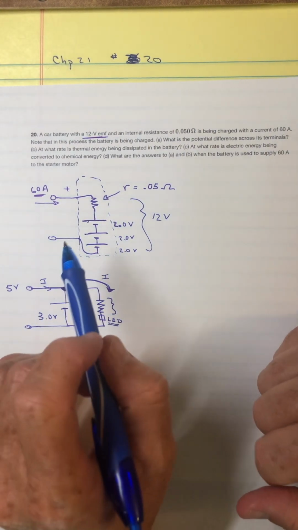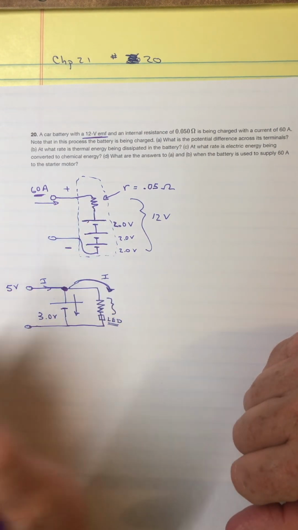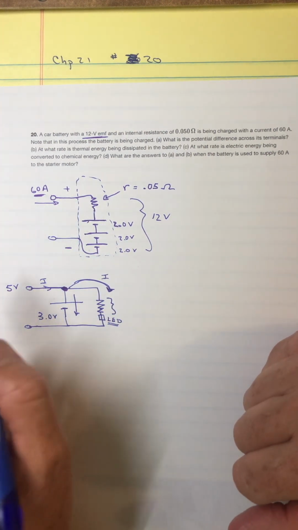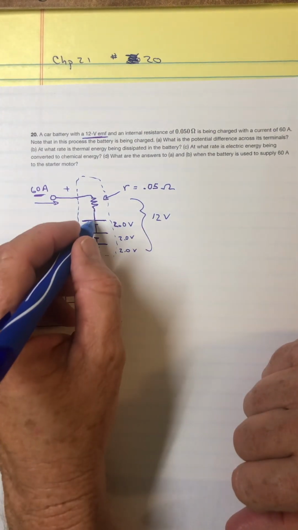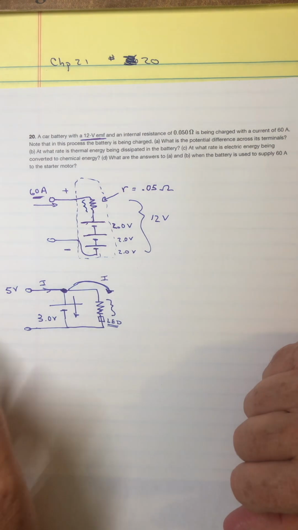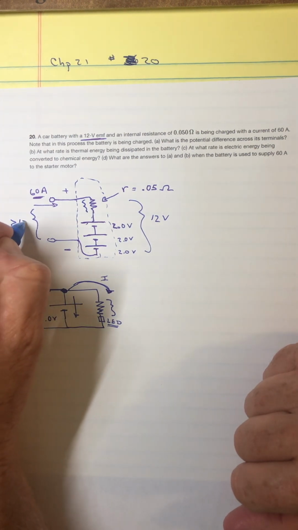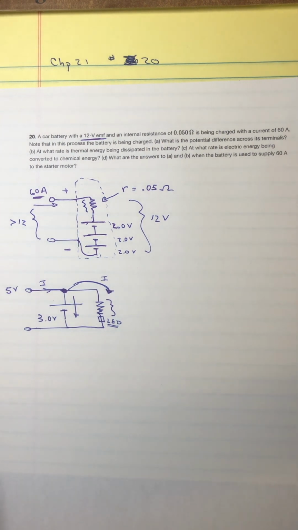To understand what's going on, I'm sending 60 amps in reverse through this battery. If this is already 12 volts, then we're going to have a little voltage drop here, and so my power supply needs to be something greater than 12 volts.